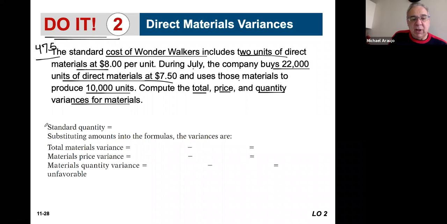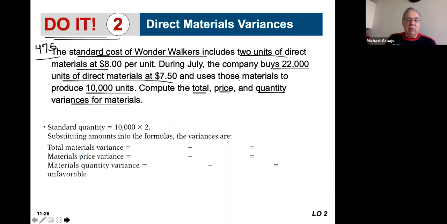So first of all, let's look at the standard quantity. The standard quantity is, in this case, 2 units times what they plan to produce, which is 10,000. So that's the standard, 2 per unit, and they want to produce 10,000 units.